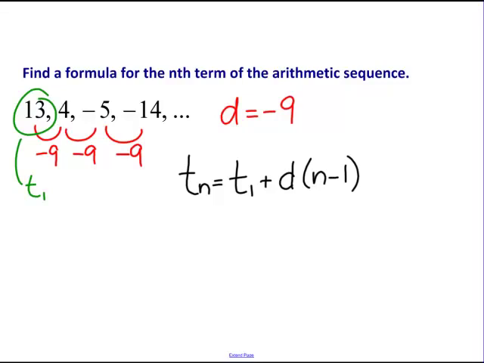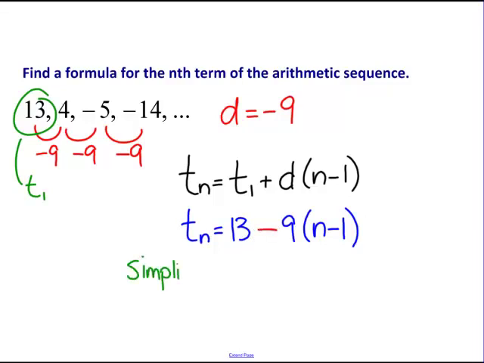Notice that in my formula that I just wrote, d and n minus 1 are in opposite positions from the slide you just saw. That's okay because the order of the multiplication shouldn't change your final answer. And now our only job is to put appropriate numbers in the appropriate places. So again, the nth term, the term we're looking for, is equal to the first term plus the common difference times n minus 1. Instead of plus negative 9, you're always, of course, welcome to just write minus 9.